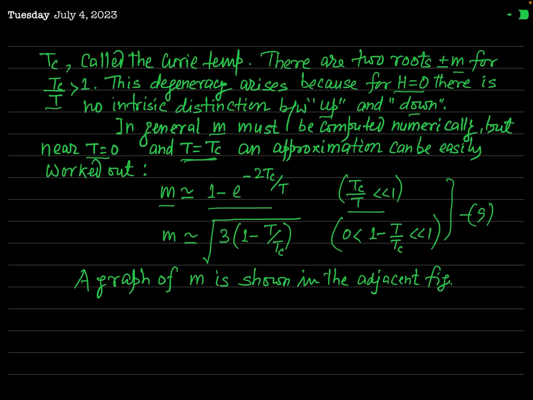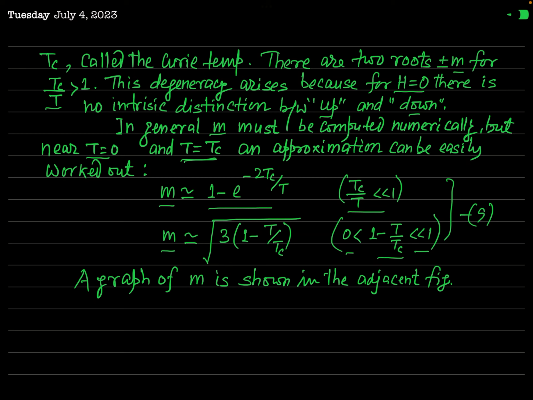Okay, and when 0 is less than 1 minus T by Tc, and this is much less than 1, in that condition it is seen that m is almost equal to the square root of 3 times 1 minus T by Tc. Okay, these two results I have written here directly, so for writing in your examination you should remember them.